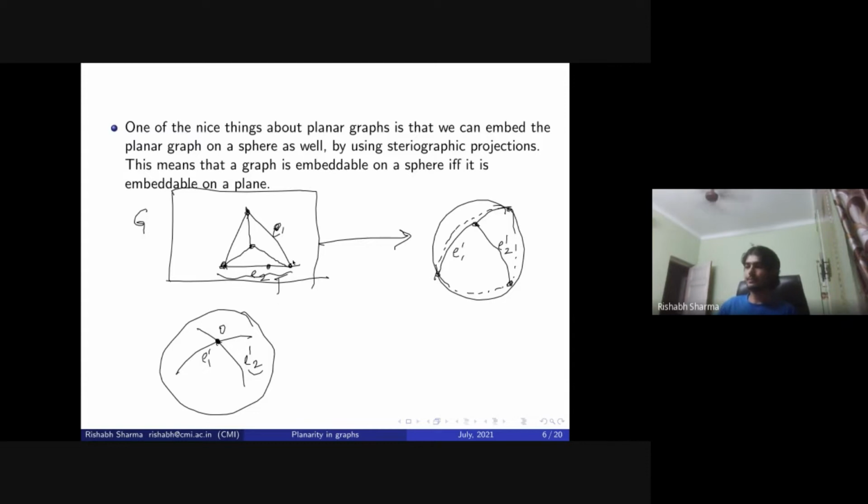But O also lies on E1 prime, so its pre-image also lies on E1. But we know that E1 and E2 only intersect at this vertex, so T actually coincides with this vertex. So what this tells us is that if the images of two edges intersect somewhere, they must intersect at an image of a vertex. So in essence, the edges only intersect at vertices. That's what I want to say.